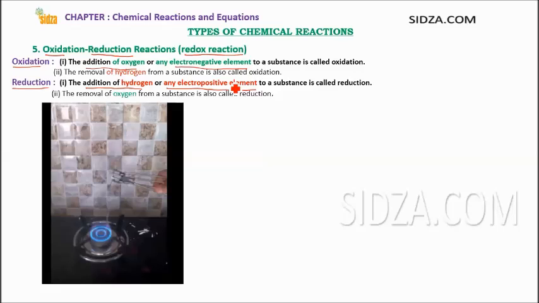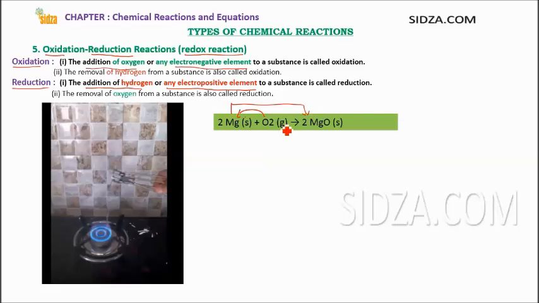Okay, here is an example. In this example, oxygen adds to the magnesium, so we see the magnesium is getting oxidized here.